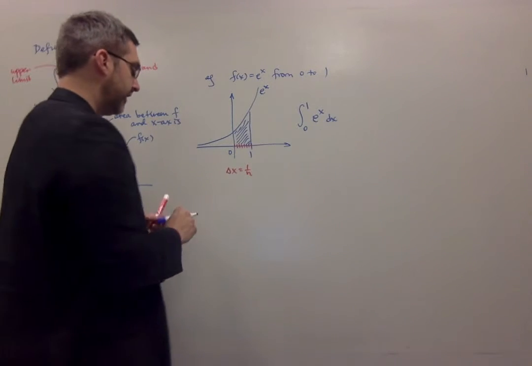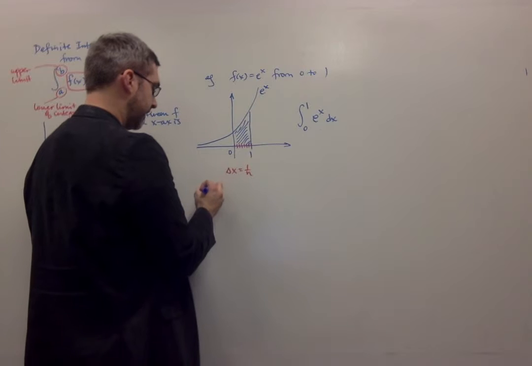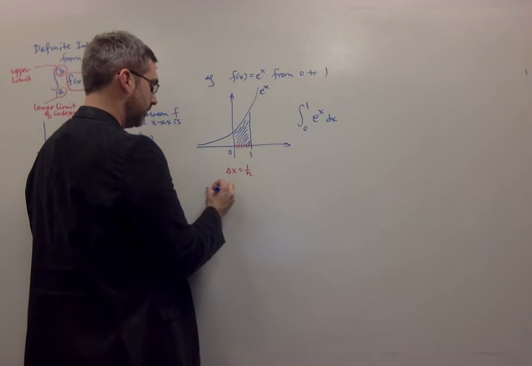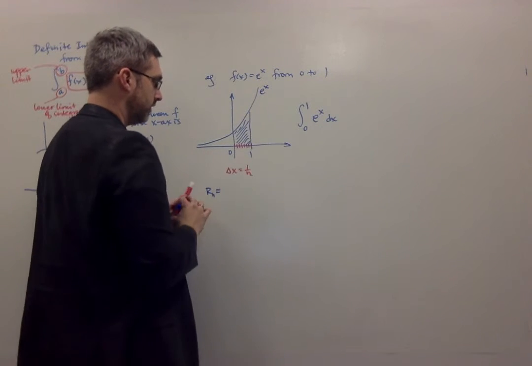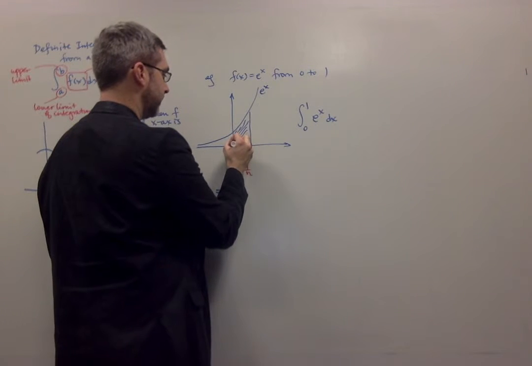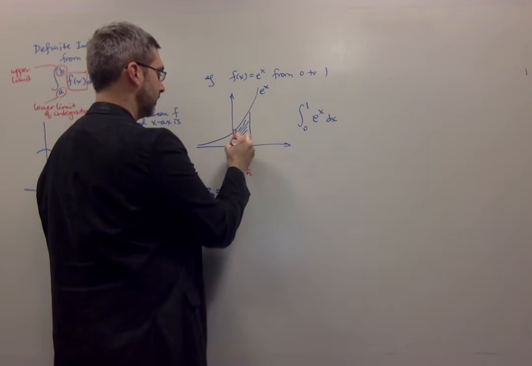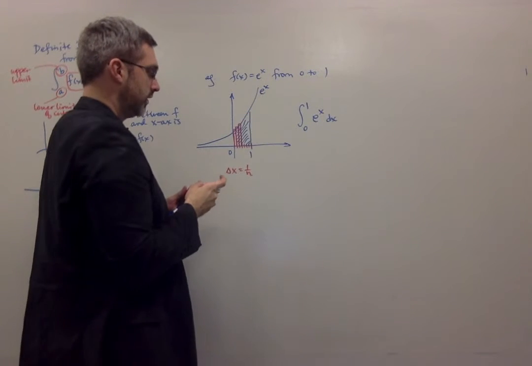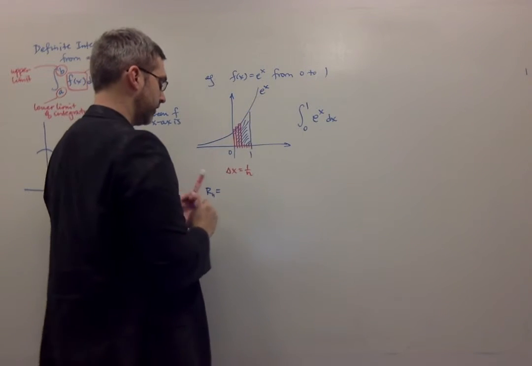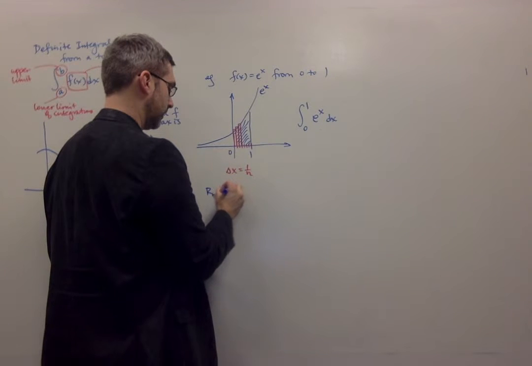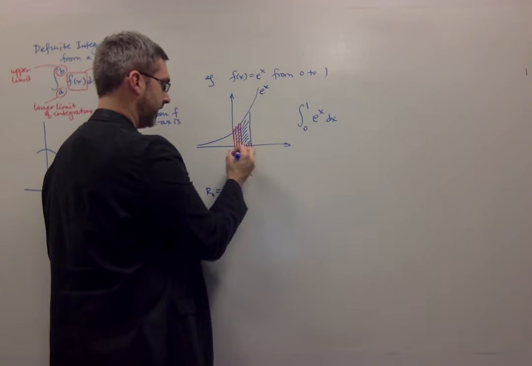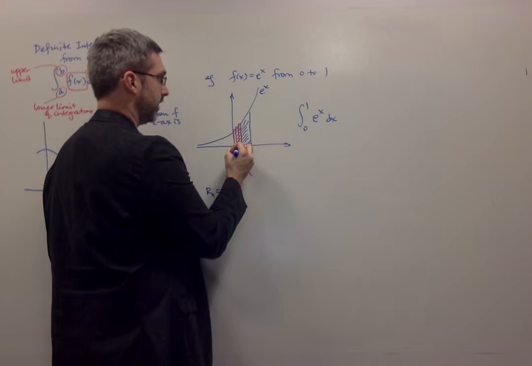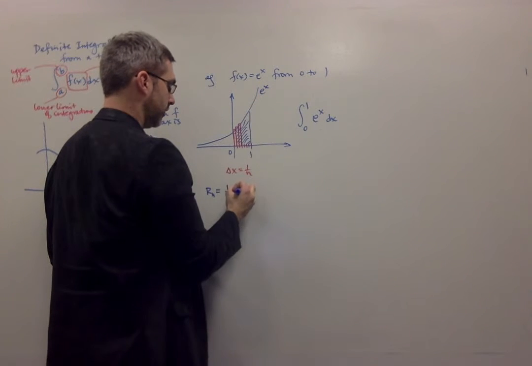And then the sum, if I were to use right endpoints, the first rectangle, if I draw these rectangles in, the first rectangle would have width 1 over n, and the height is what I get when I plug this point, which is 1 over n, into the function, so it would be e to the 1 over n.